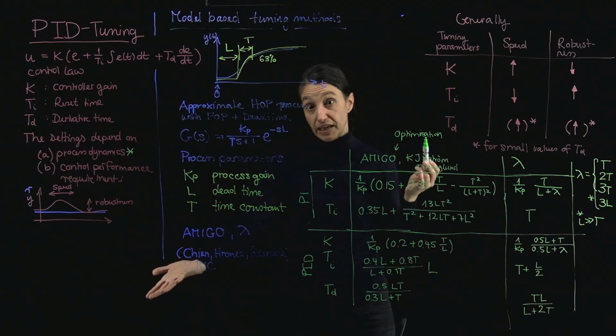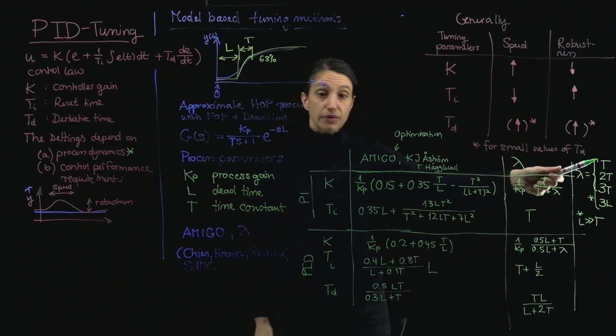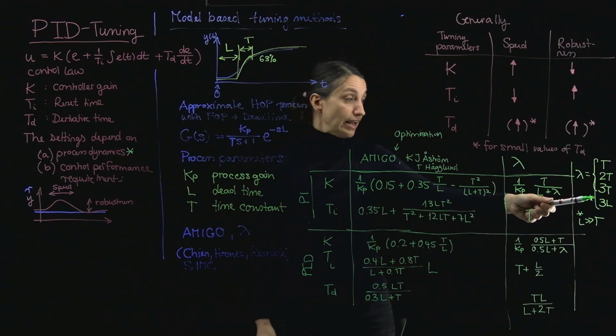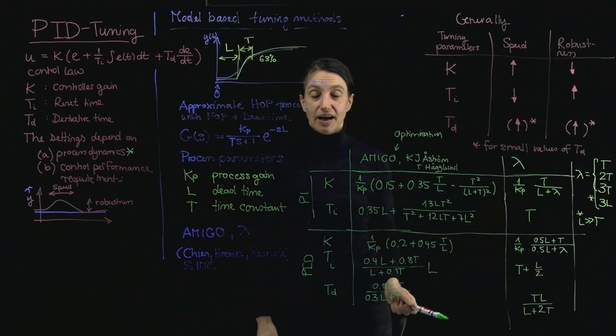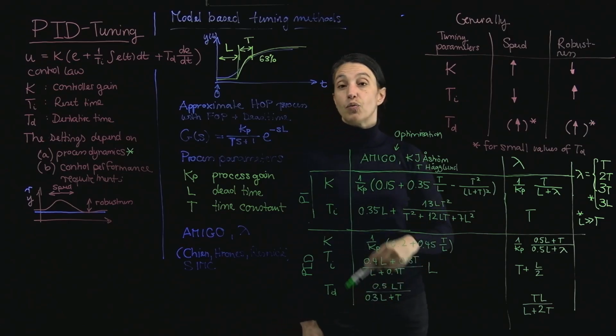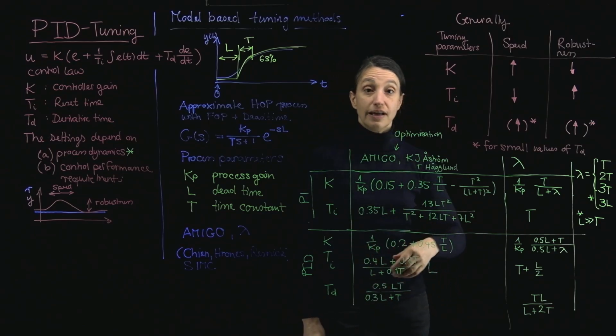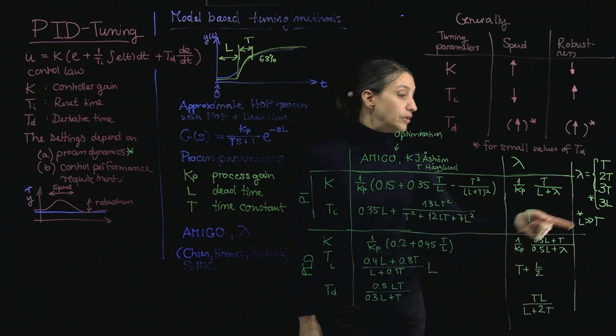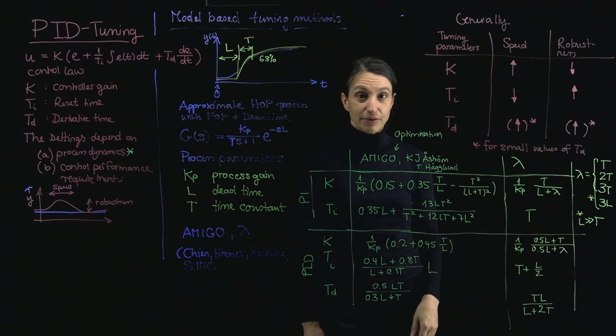Do we want to have speed? Then you're going to use lambda equals T. Or would we like to have it to be very robust? Then we choose lambda equals 3T. And if we have processes with long dead times, where L is much bigger than T, we're going to choose lambda equals 3L.